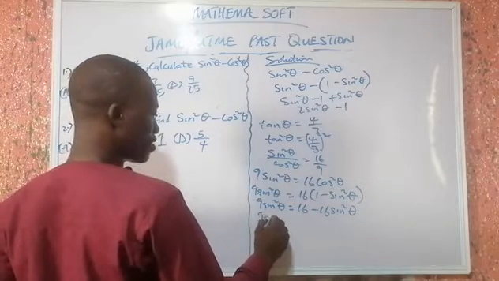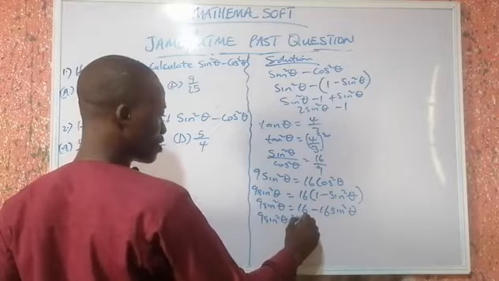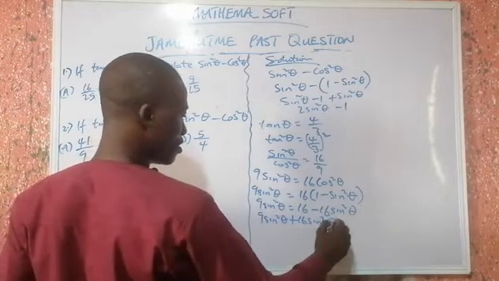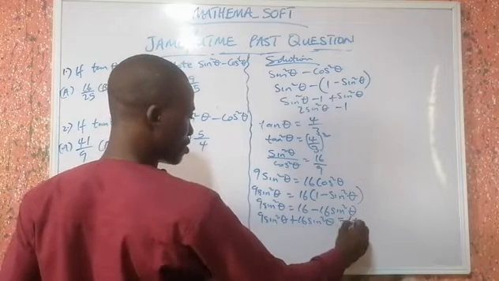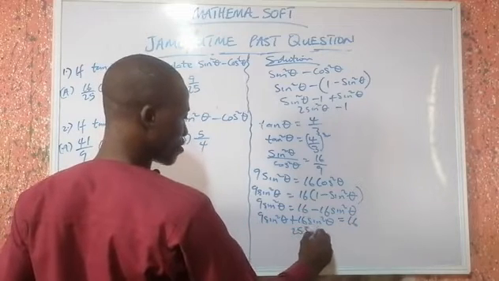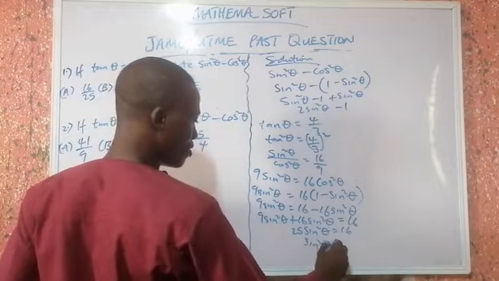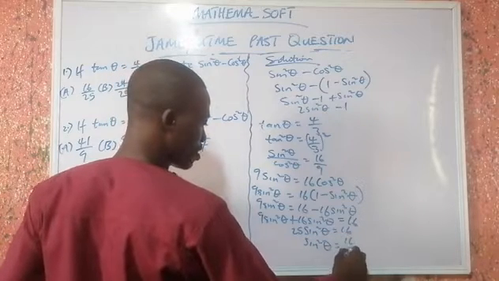So 9 sine squared theta plus 16 sine squared theta equals 16. That will be 25 sine squared theta equals 16. Sine squared theta is now equal to 16 over 25.